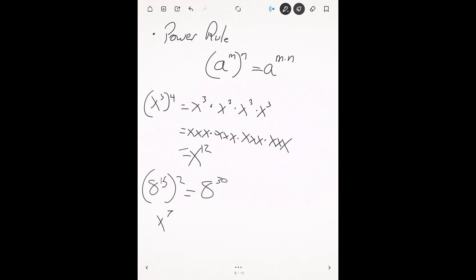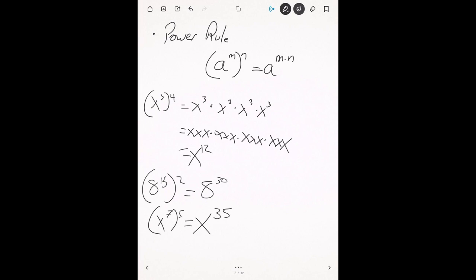Similarly, if I had x to the 7th to the 5th power, we'd say that's x to the 35th, because we're just going to multiply those exponents together. These are essentially the 3 main initial rules: the multiplication and division of like bases and the power rule.